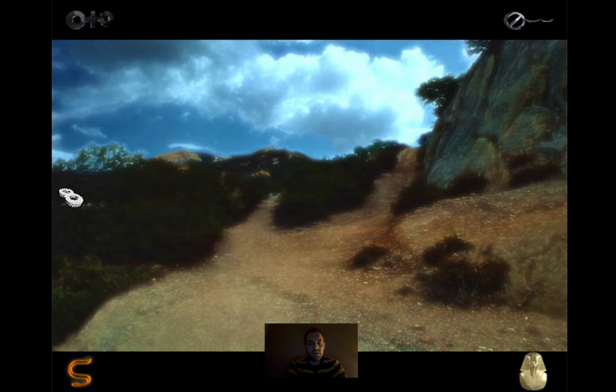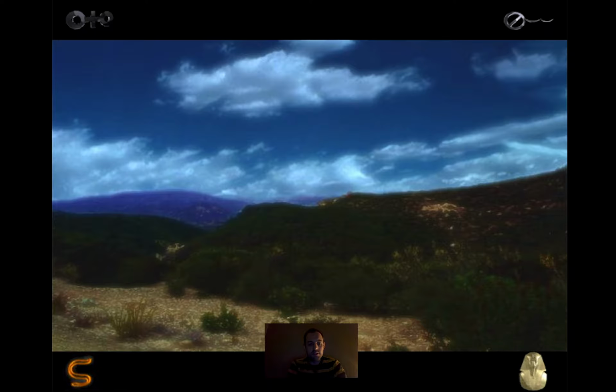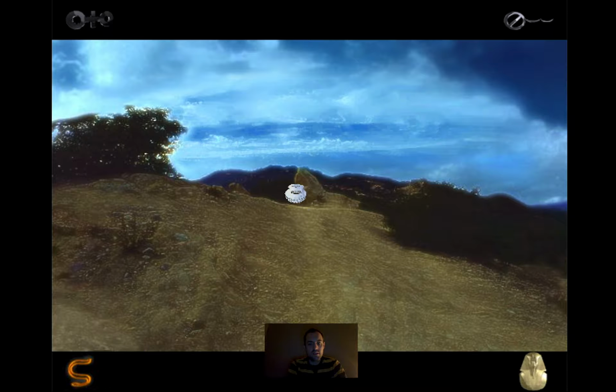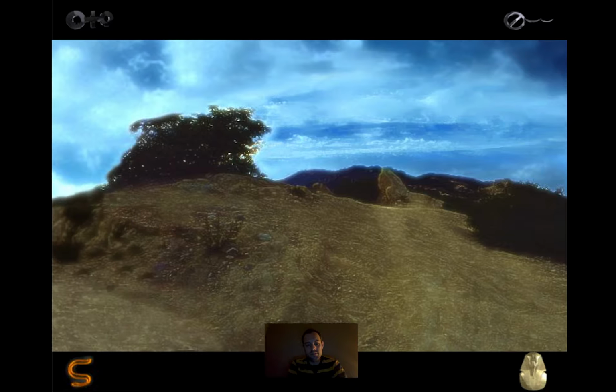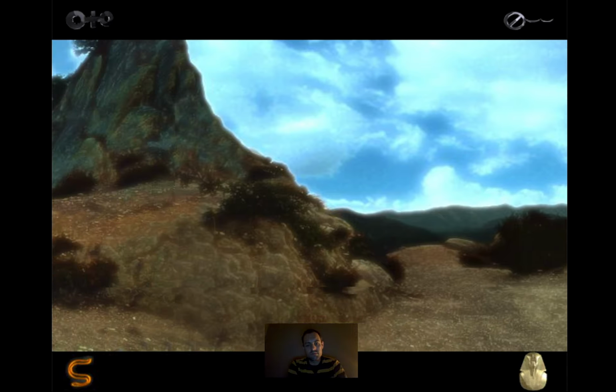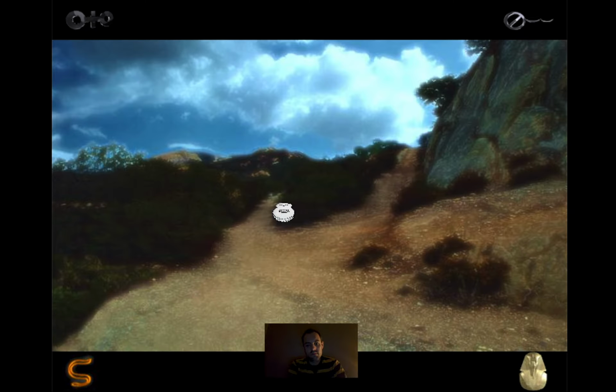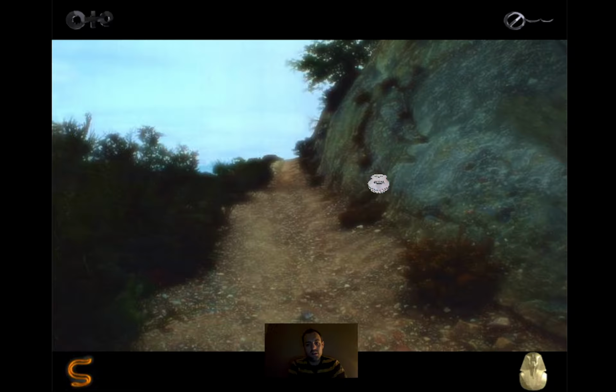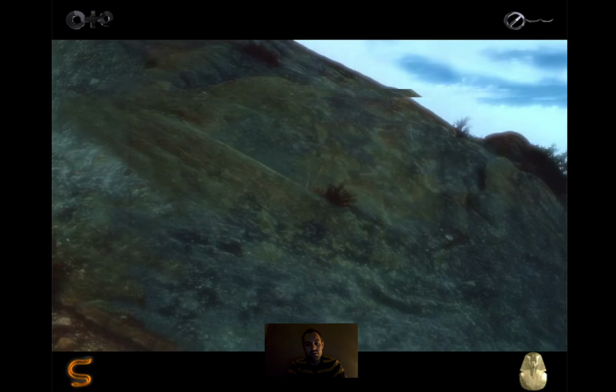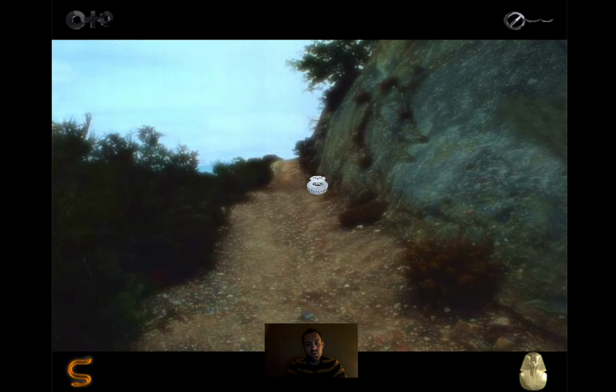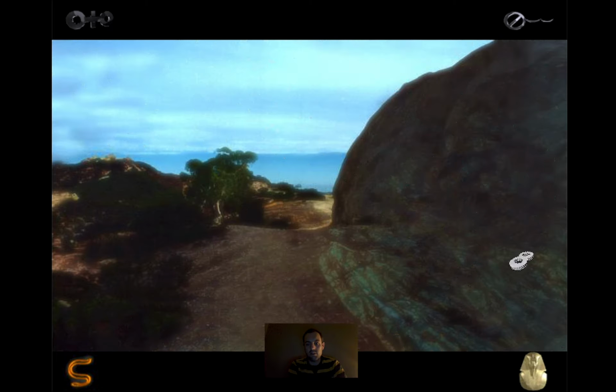I always think that rock there looks a bit like a sphinx, which makes a lot of sense because we've got Tut down here. Here, we'll go up here and, well, actually, do we have the sign for this yet? I'm not sure that we do.